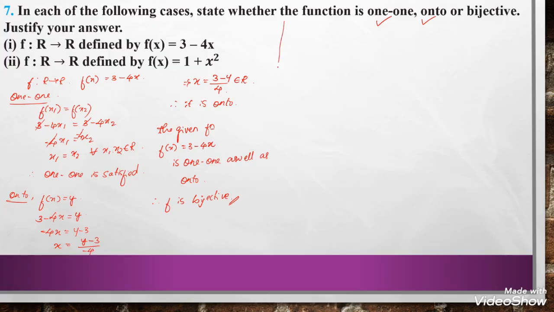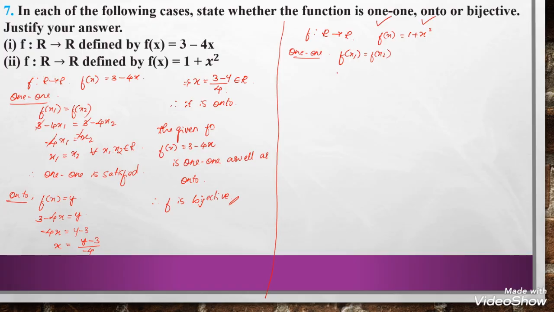Now again I will take the second question here. That is a function f from real number to real number defined by f of x is equal to 1 plus x square. Now I will check one by one here. First, the one-one condition. f of x1 is equal to f of x2.